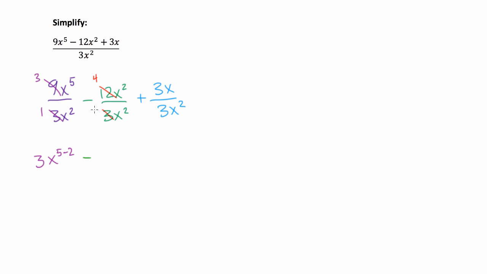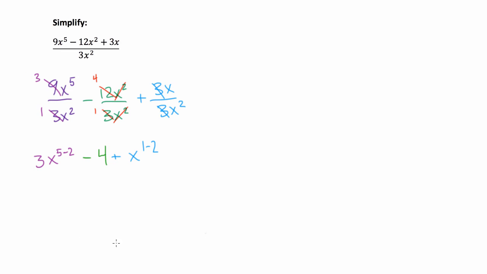So I end up with 4. And now my x squareds completely cancel out, so I just have 4 by itself. Plus, these 3's cancel, and then I have x to the power of 1 minus 2.